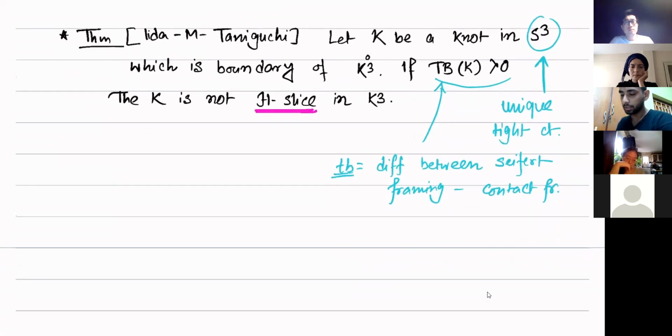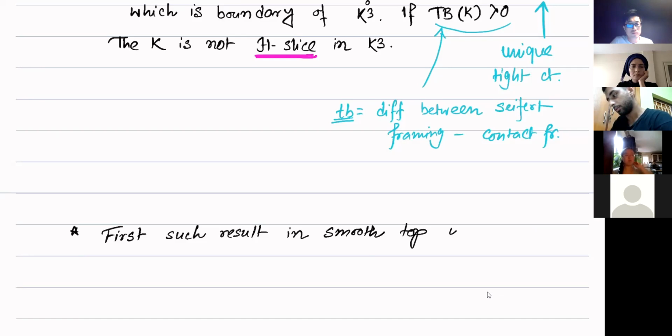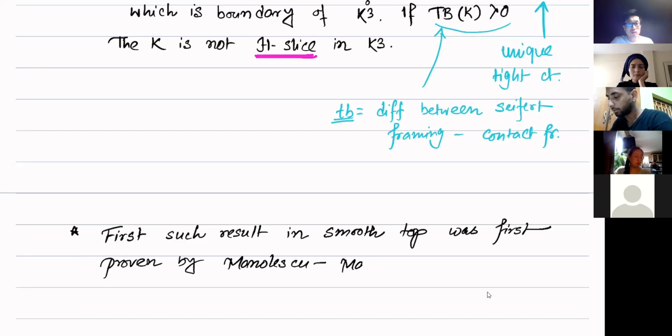The first such result in smooth topology was first proven by Manolescu, Marengon, and Lisa Piccirillo.